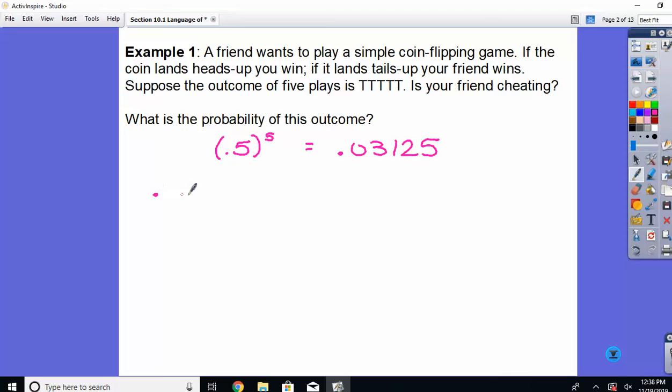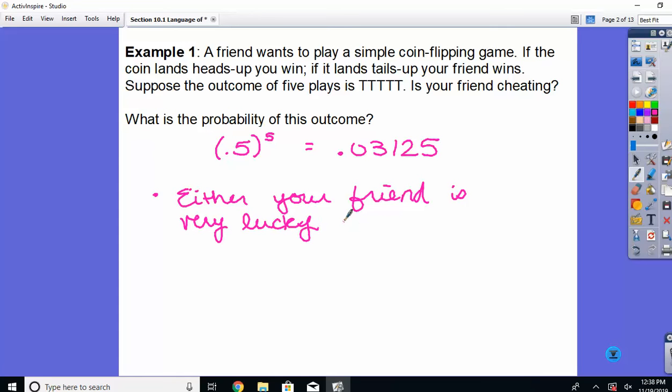Either your friend is very lucky, or it's rigged, maybe they have a weighted coin.